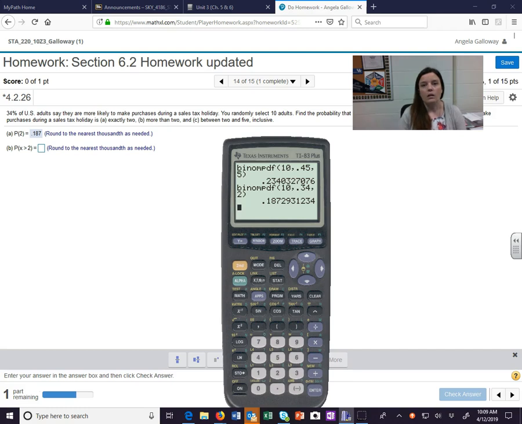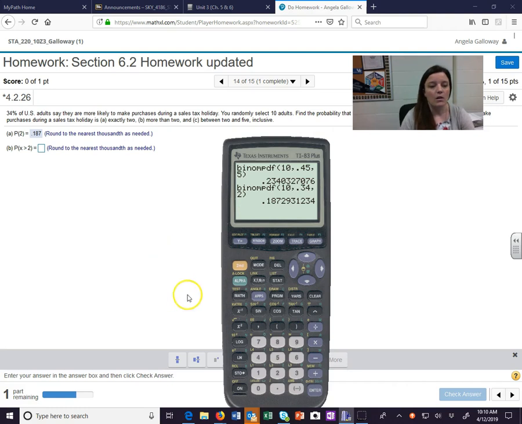So for this, where we're doing greater than 2, we could think about the opposite. What's the opposite of greater than 2? If greater than 2 includes 3 through 10, the opposite would be 0 to 2, right? 0, 1, and 2. The easiest way to do that is using the CDF, so less than or equal to 2.